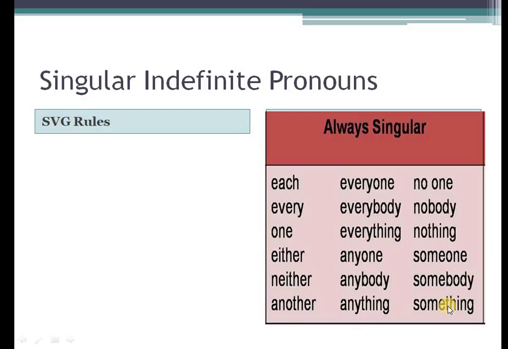Let me just say to you before we go into the rules, you have to get to know the different types of pronouns. It's one of the subject-verb agreement topics where you will have to be familiar with the singular indefinite pronouns in order to remember when to use them correctly.